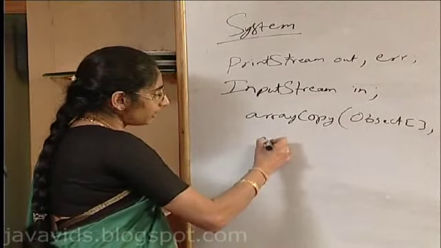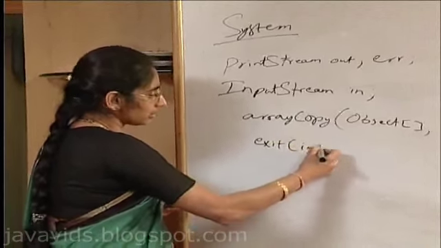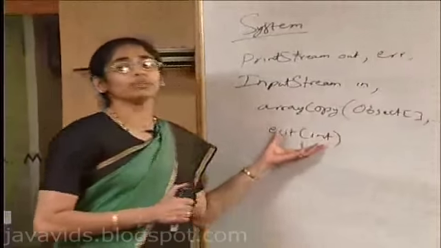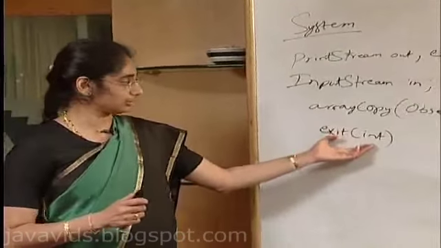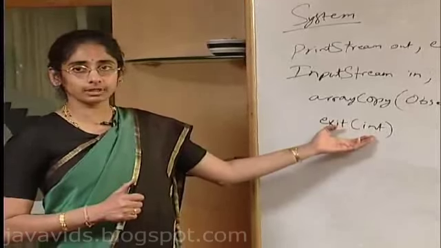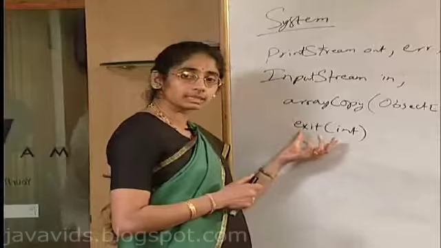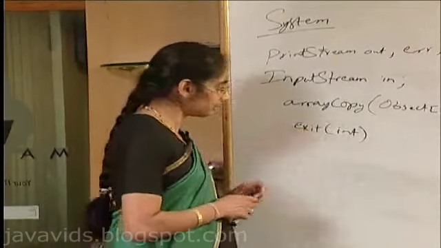We also have the exit method, which takes an int value as parameter, and this int value says how I'm exiting from the program execution, whether I'm exiting successfully or unsuccessfully. So using System.exit, I can exit out of my program execution.